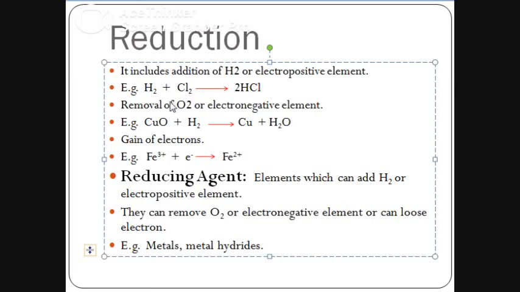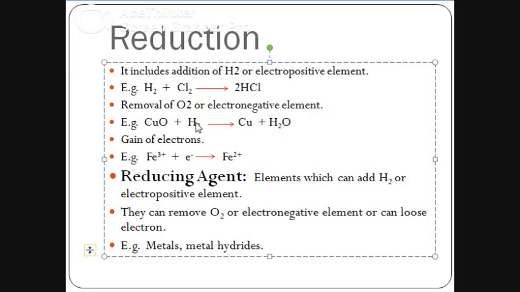Then the second point related to reduction: removal of oxygen atom or electronegative element. That is, in this case copper oxide plus hydrogen gives copper plus H2O. Here children, we can discuss this equation in two terms.